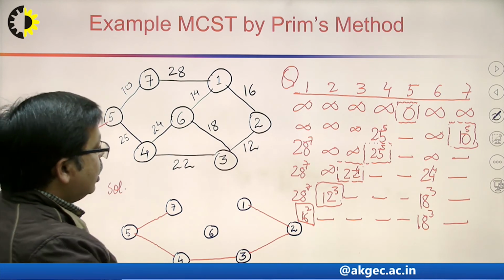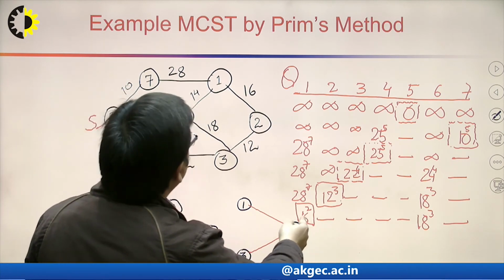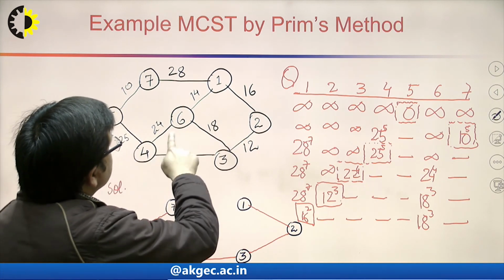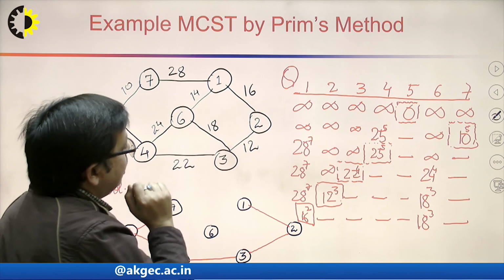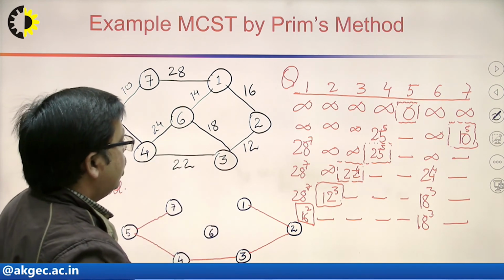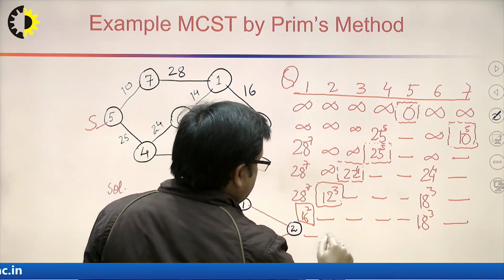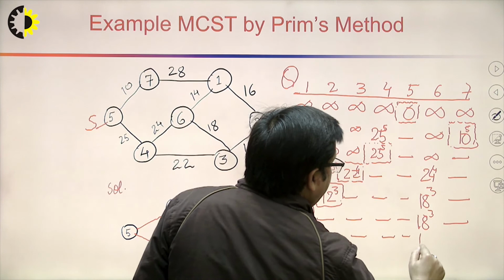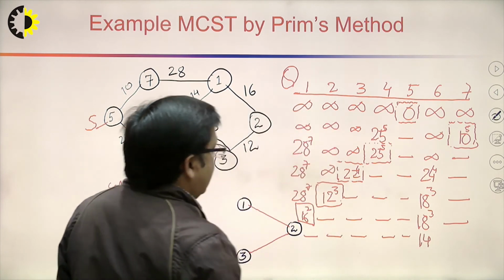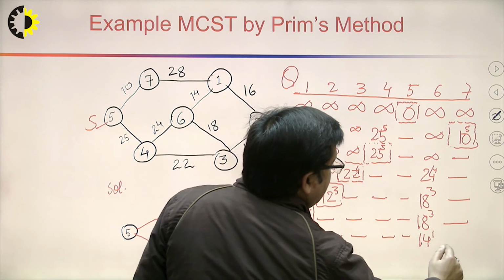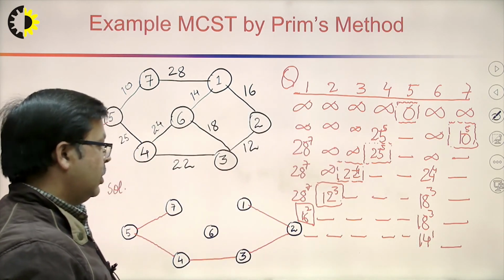So, when the node 1 is coming out, only one adjacent, that is 6, is available inside the queue, that can be updated with weight 14. So, this is out, this is not available. So, it will become 14, and the weight of the node 6 will be 14.